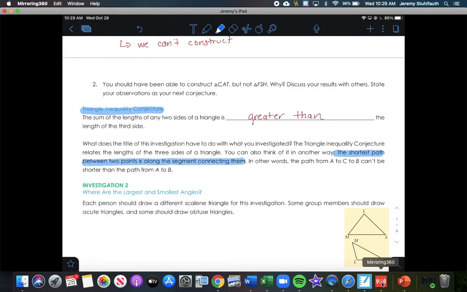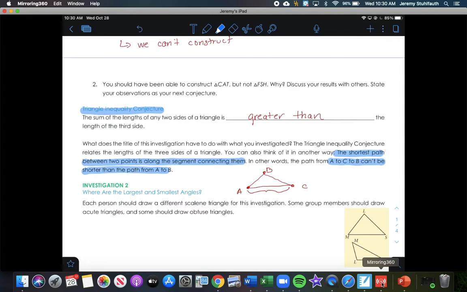That means the path from A to C to B can't be shorter than the path from A to B. So if we have triangle ABC, we know that the distance from A to C is the shortest distance between those 2 points because it's on a straight path, on the segment connecting them. So the distance AB plus BC has to be longer than AC.